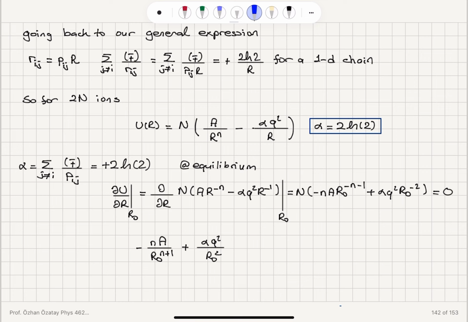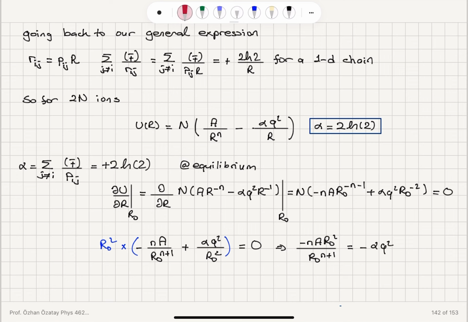Now what I'm going to do is basically, let me go to blue here. I'm going to take this and multiply it by R0 square. And remember, this is equal to 0. So I multiply both sides by R0 square. So I will find minus nA R0 squared divided by R0 to the power n plus 1 is equal to minus alpha q squared.